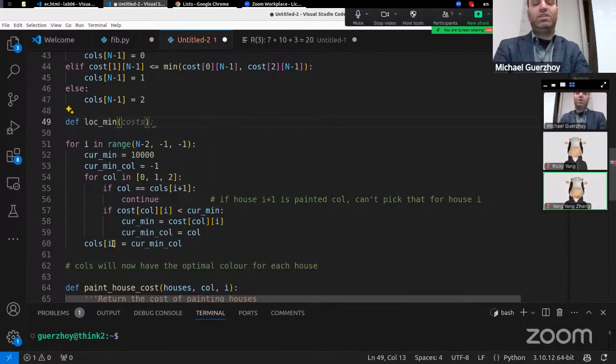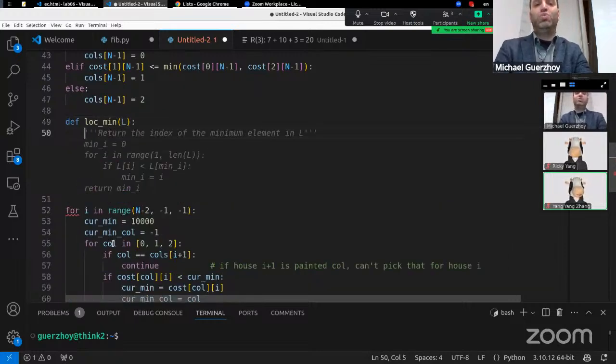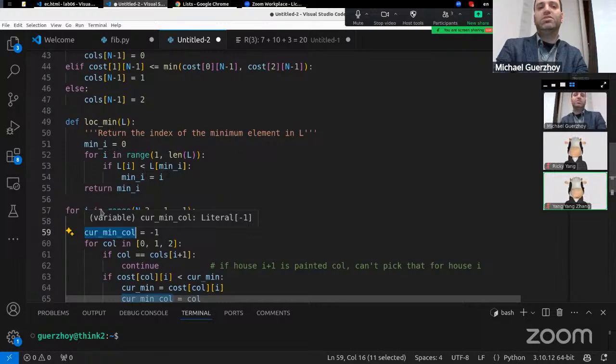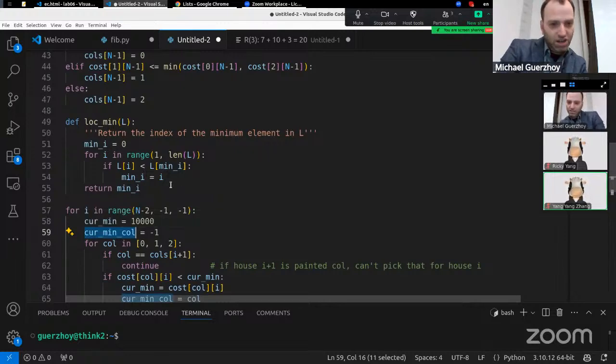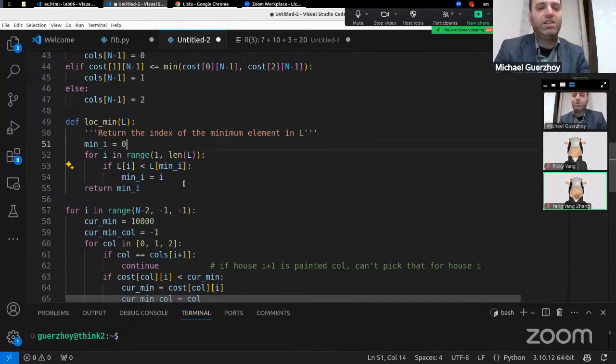So if you want the location of the minimum in the list, right? You would do it like this, right? So min i is equivalent to arg min of color. Wait, this is not min i. Oh yeah, it is. So here I don't really do arg min. I just do it with a min i instead. Let me do it in a way that's equivalent.